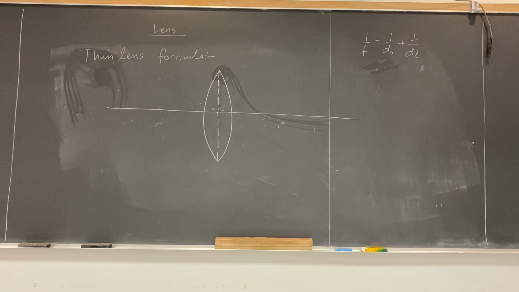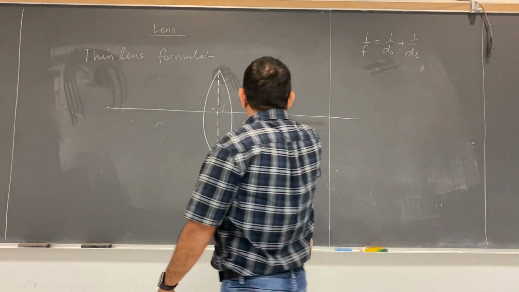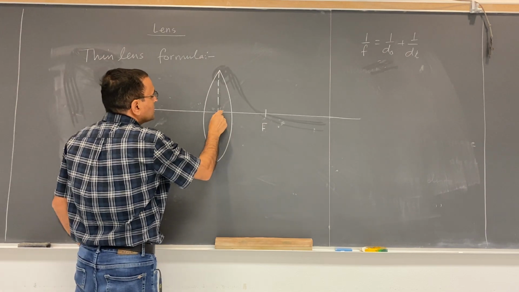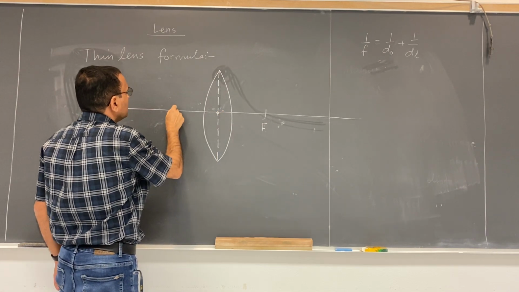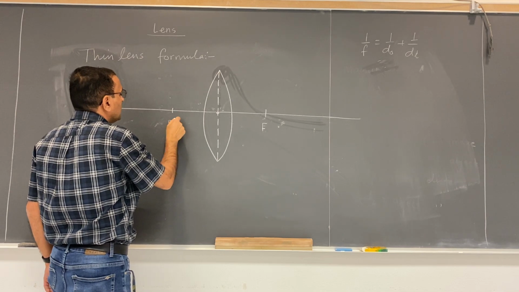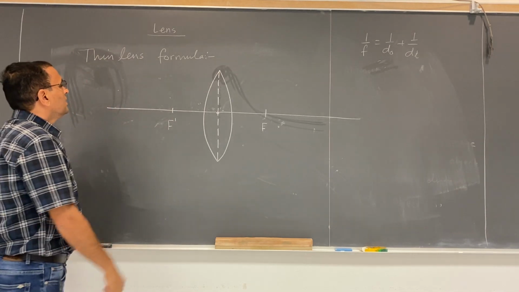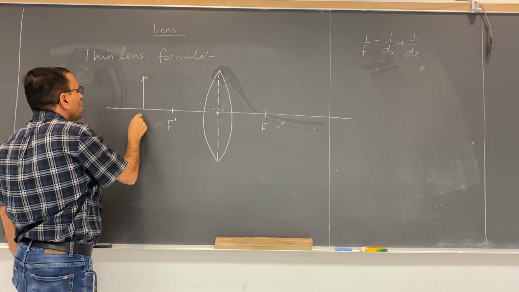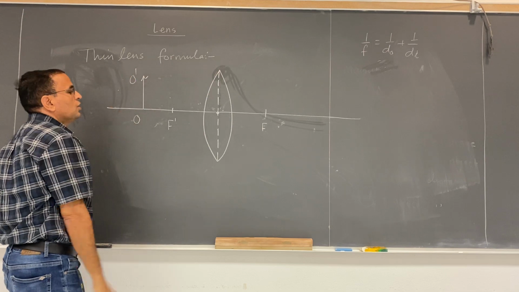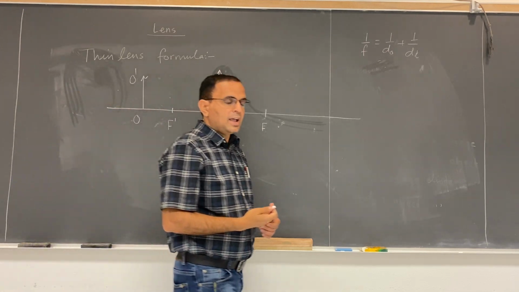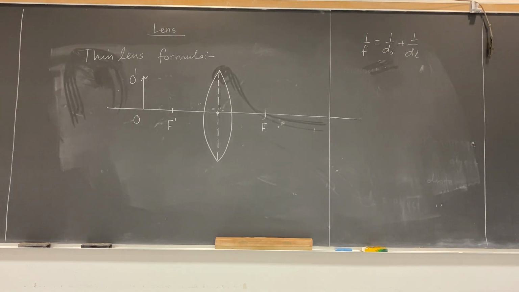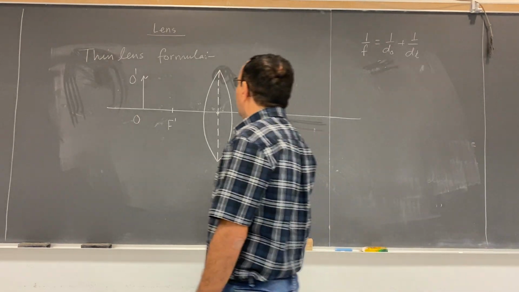You can call this your focal point F, and here you have another one, F prime, and this is your center. Let us suppose this is your object O prime. Now please complete the ray diagram. Can you do the ray diagram here? Complete the ray diagram.